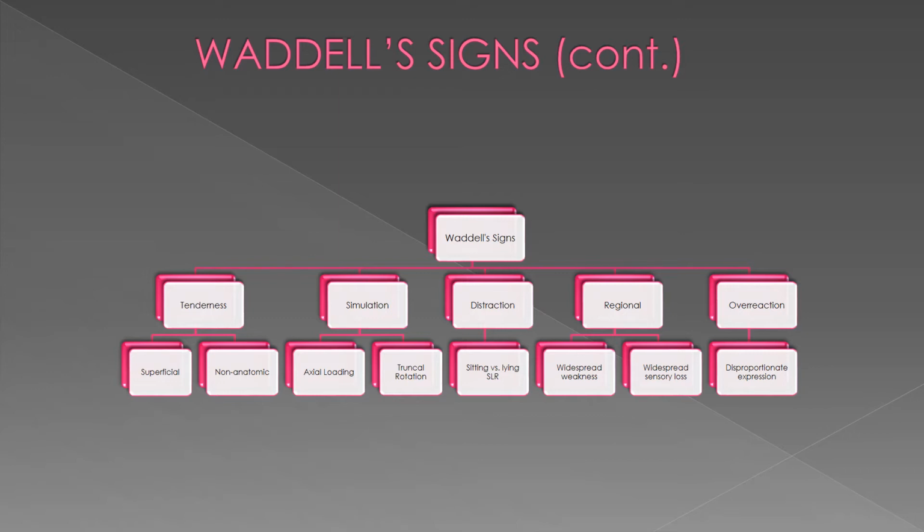For regional findings, Waddell described widespread weakness and widespread sensory loss, and this is one that I encounter quite frequently, these so-called widespread findings. And then for overreactions, and there are many different types of overreactions, Waddell described the disproportionate facial expression, a facial expression that is seemingly out of proportion to the provocative maneuver.